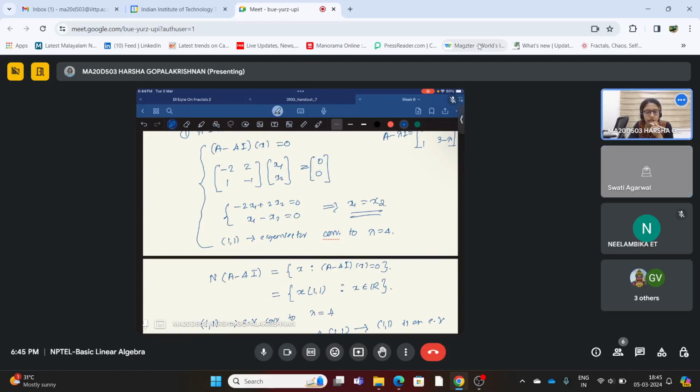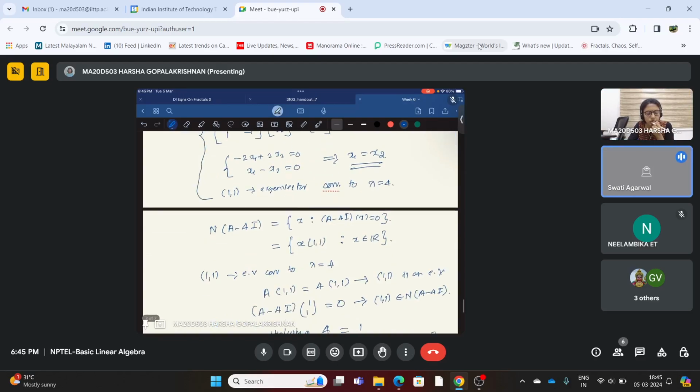Yeah, correct, and so the nullity is one. So that part I understand, but deriving this step I am not able to understand. Okay. From that way we can say rank is 1, so by the rank-nullity theorem, nullity should be equal to 1.